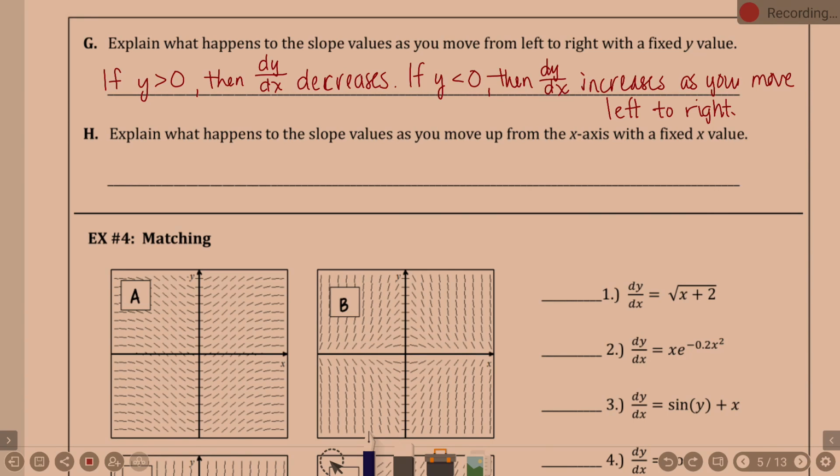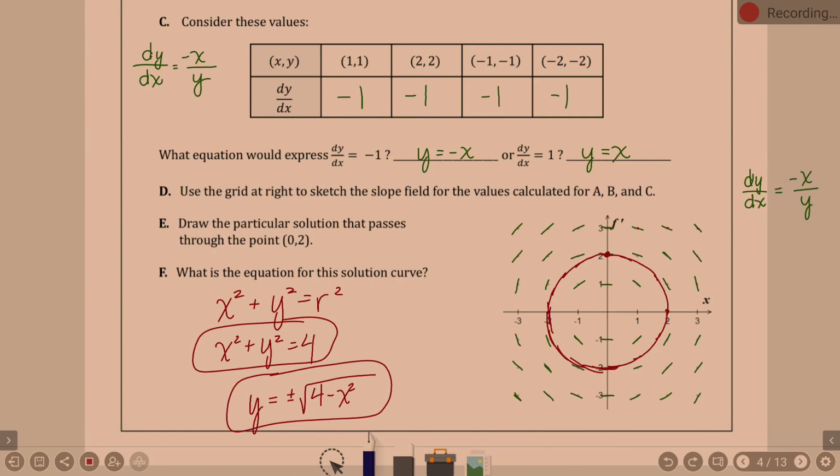Okay. As we finish up with G, we were talking about what happens to slope values as you move from left to right with a fixed y value. This says explain what happens to slope values as you move up from the x-axis with a fixed x value. So like when x is 1, when x is 2, when x is 3.